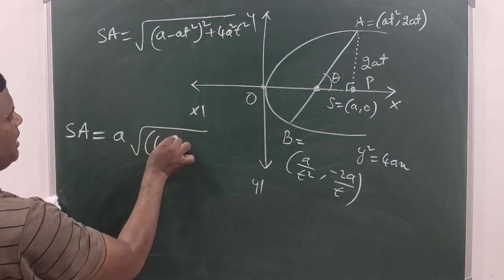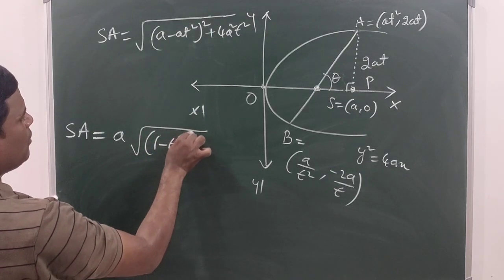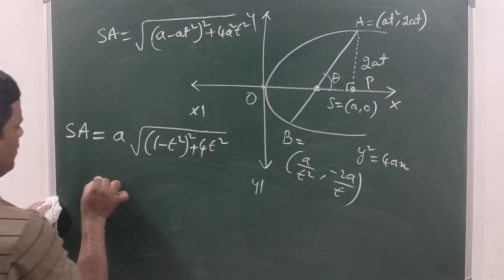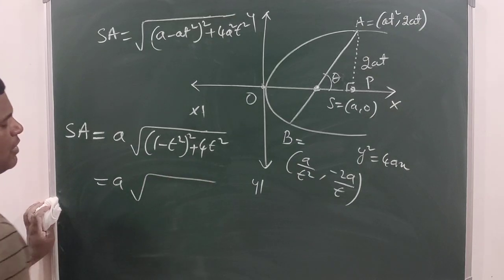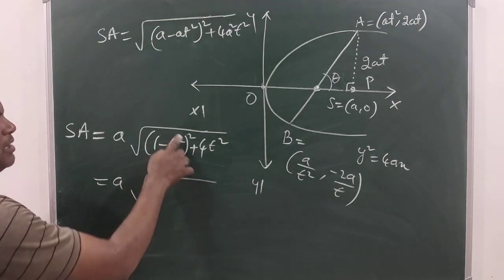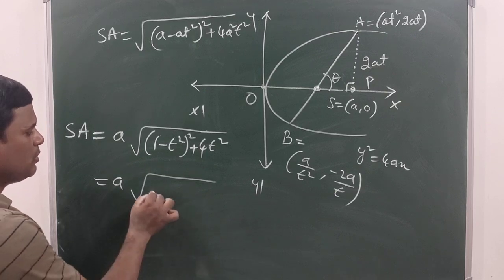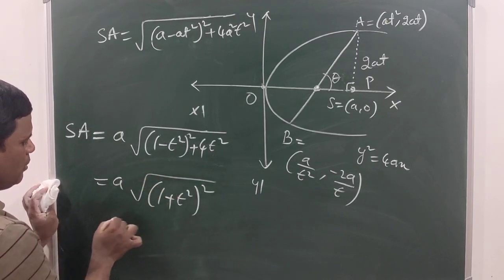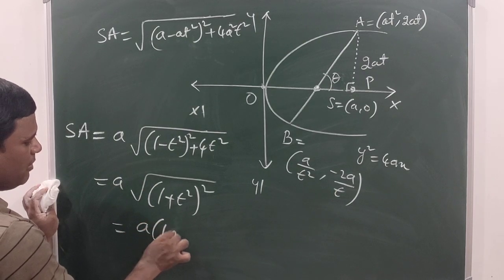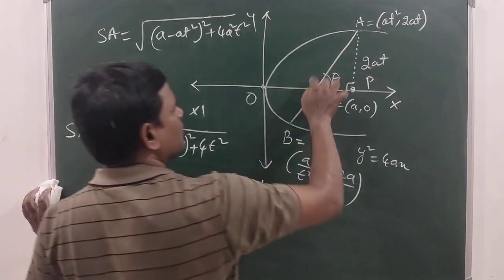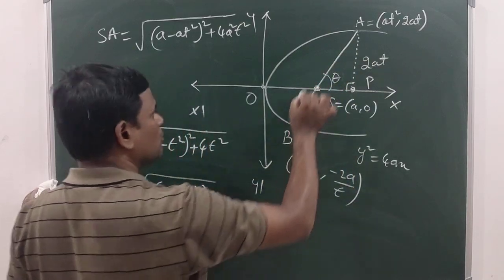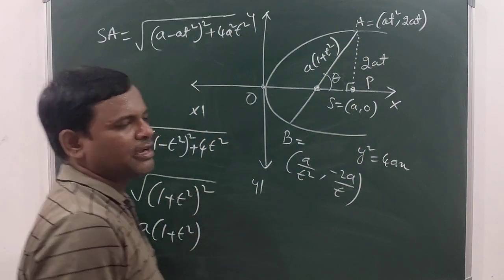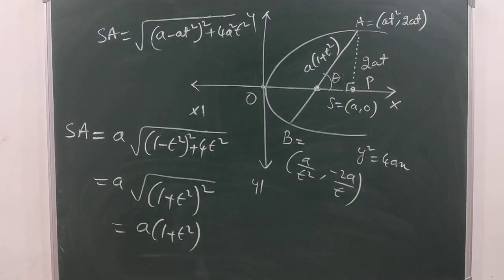So here 1 minus t square whole square plus 4t square. Now a of square root of, what do you write this? a minus b whole square plus 4ab can be written as 1 plus t square whole square. Square root cancels. a of 1 plus t square you will get. So from S to A, the distance is a of 1 plus t square.